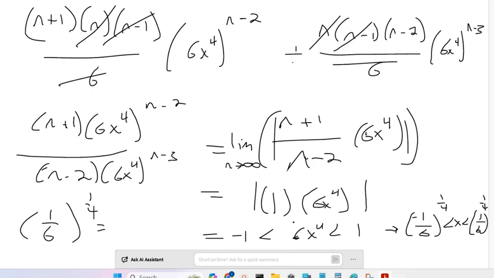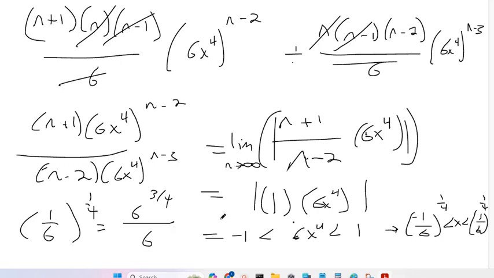But Newton wrote it like this. These are equivalent. 6 to the 3/4 divided by 6. Oh, wait, no, those aren't equivalent. Right, because 3/4 subtracted by 1 would make negative. I got a negative 1/4.